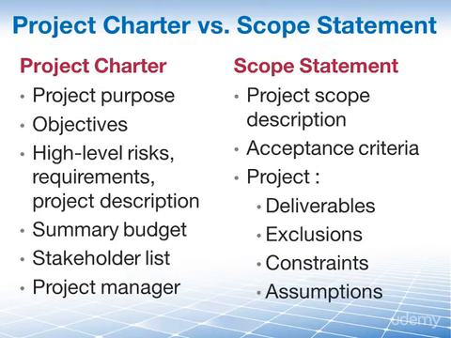Again, remember, this list does not show all of the contents of the charter or of the scope statement, but it provides you with a good representation of what elements are most likely contained.